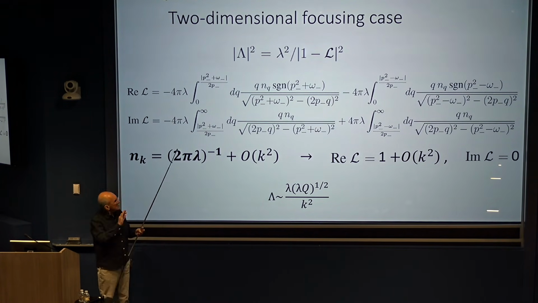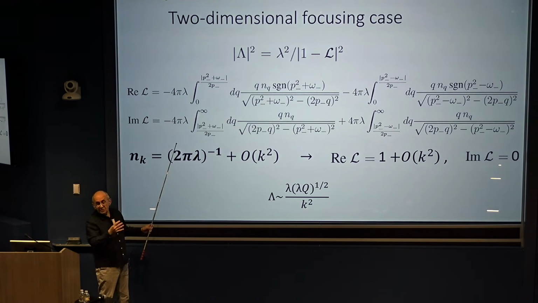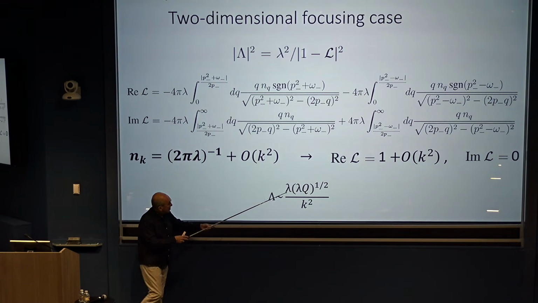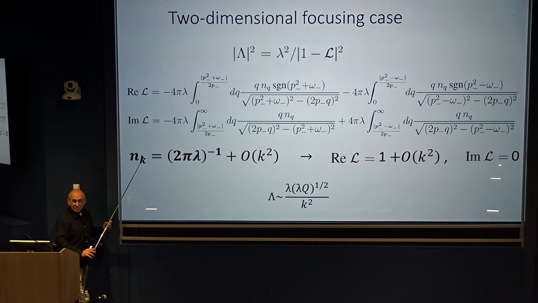And this is, at least in 2 dimensions, a solution. For 3 dimensions, power counting suggests it, but we don't know it. We did not solve this equation for 3D. For 2D, we did solve this equation. That's an effective interaction. It depends on the bare interaction. It depends on Q, but this solution does not depend on Q.